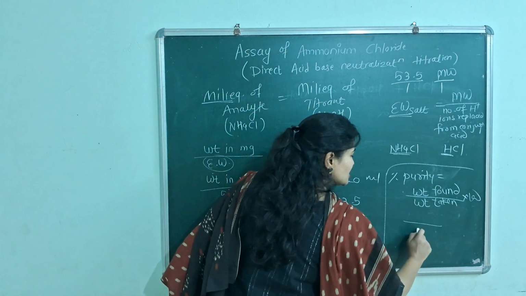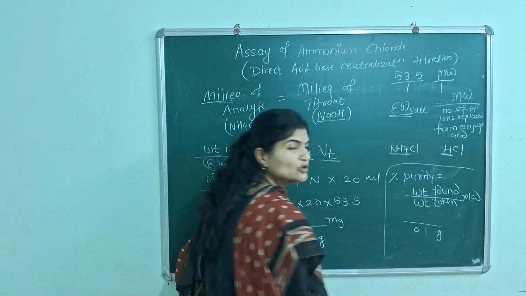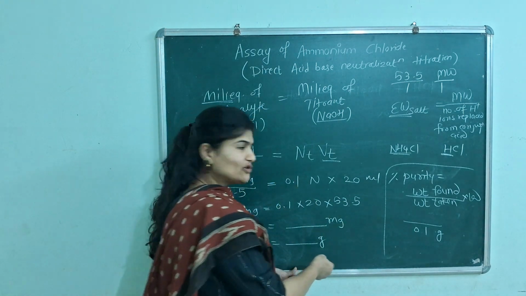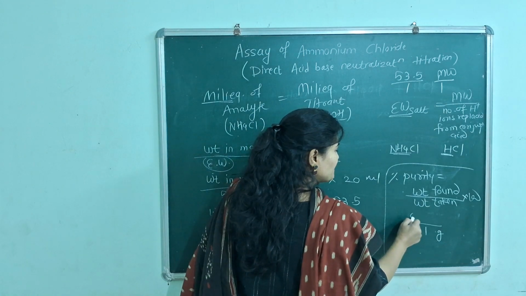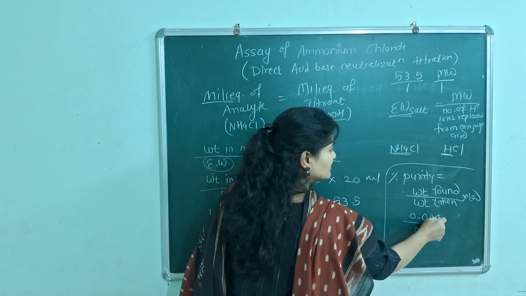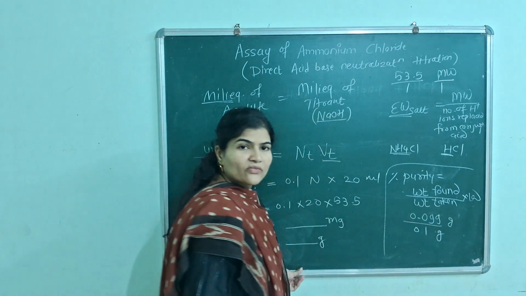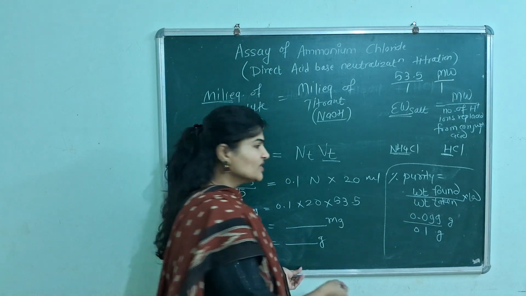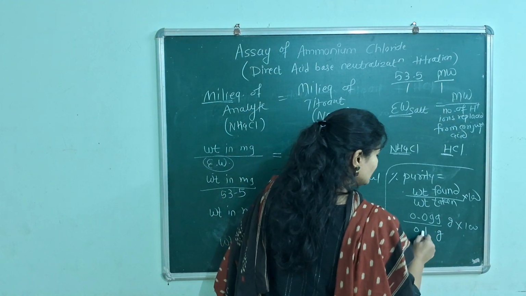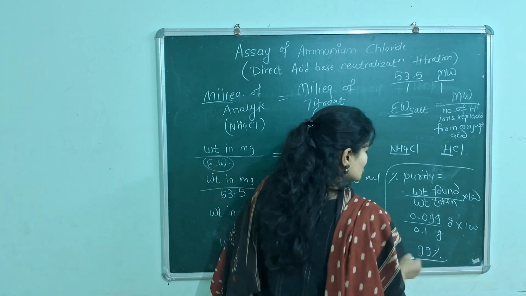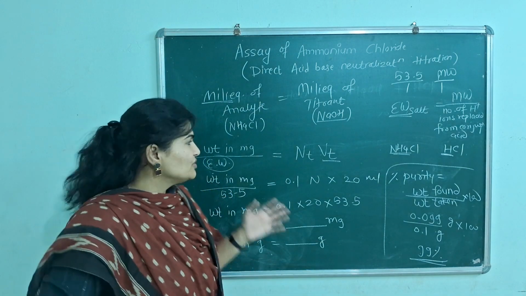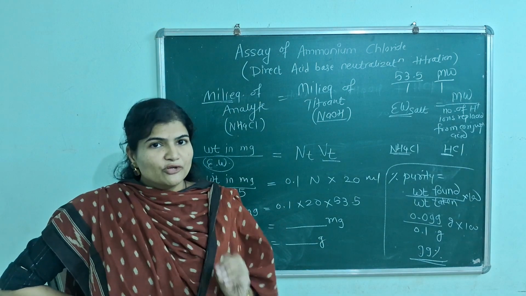So suppose I have taken 0.1 gram of ammonium chloride by weighing it accurately, but at the end of titration theoretically I have got say 0.099 grams of ammonium chloride, then into 100, so it is going to be 99%. So the percent purity will be 99%. This is how we are going to calculate the percent purity.